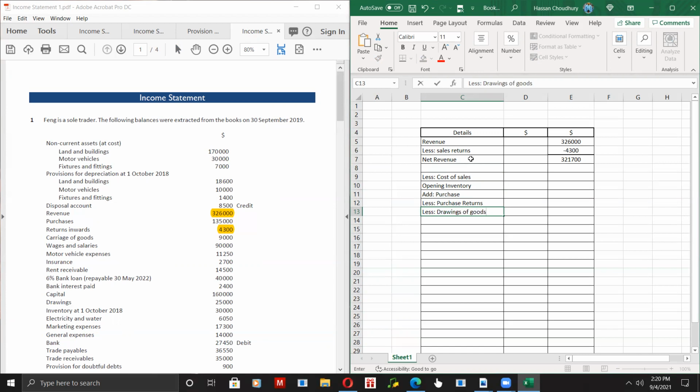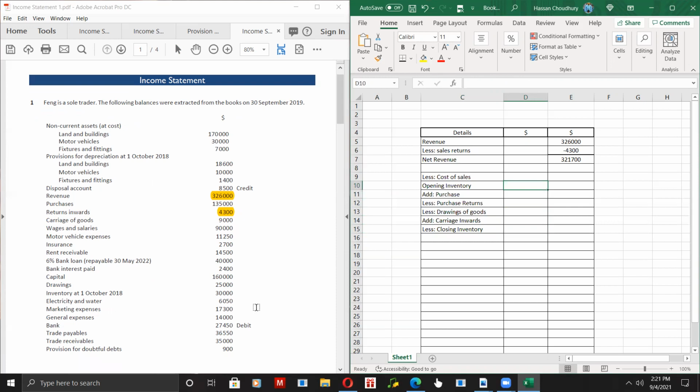So in this case, there isn't any, but we're just mentioning it. We add carriage inwards, and we minus less closing inventory.